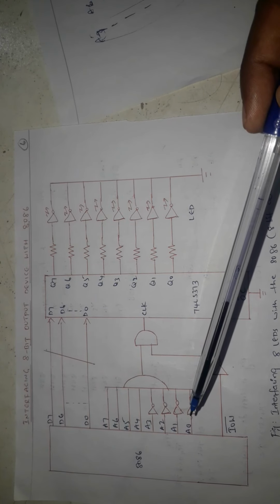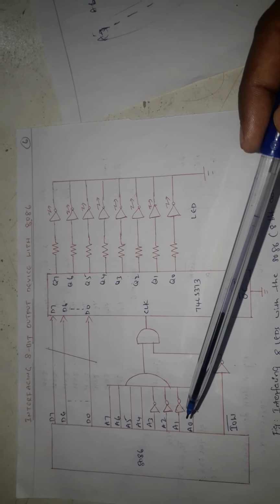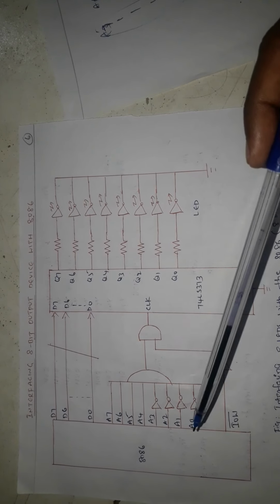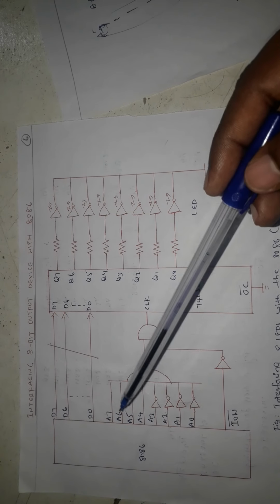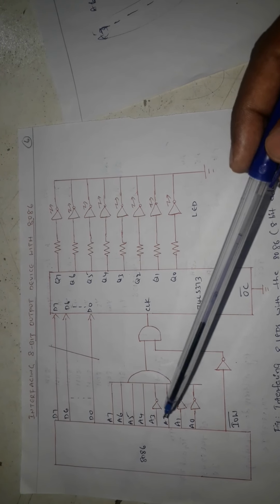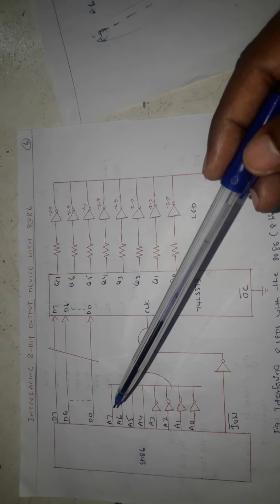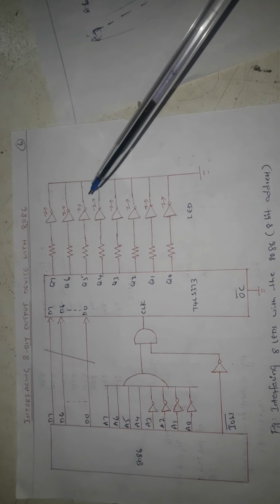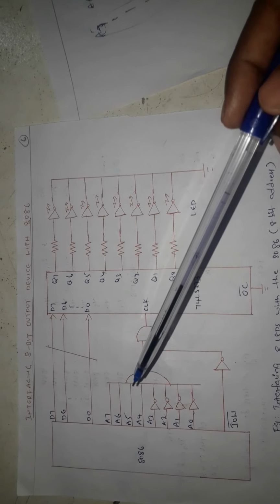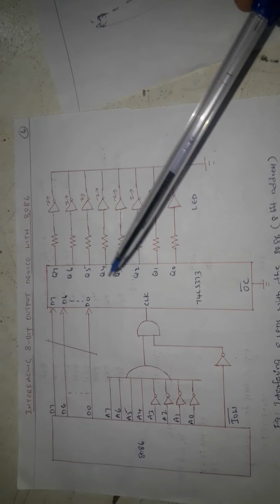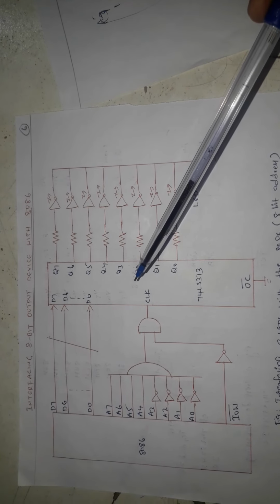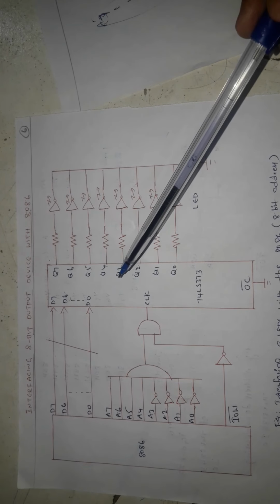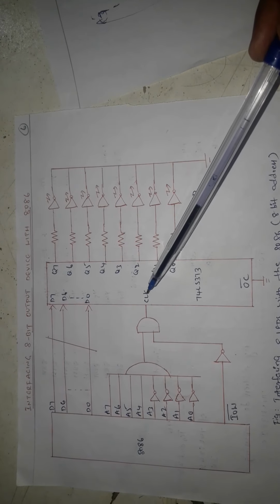The address that we are assigning here is: A0 to A3 are all zeros, and the rest are all ones. That is, we are assigning the address F0H to the LEDs, through the 8-bit latch or octal latch 74LS373, and this latch can be enabled through the clock signal.